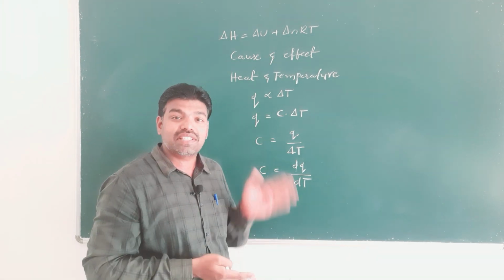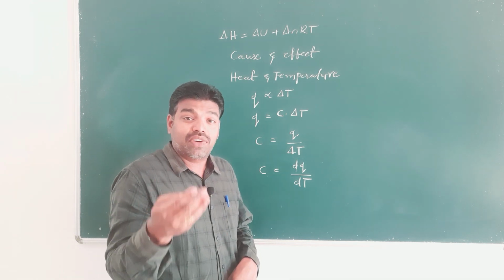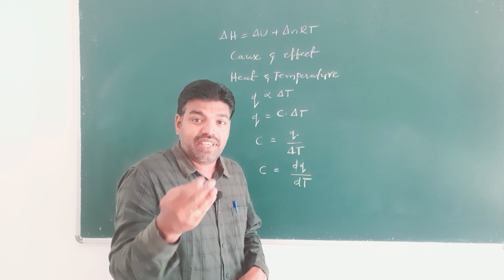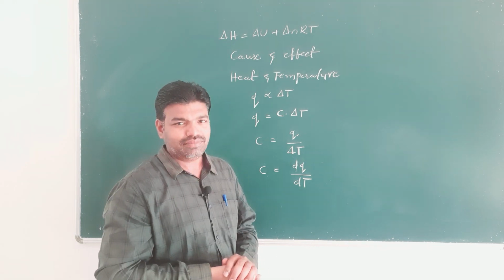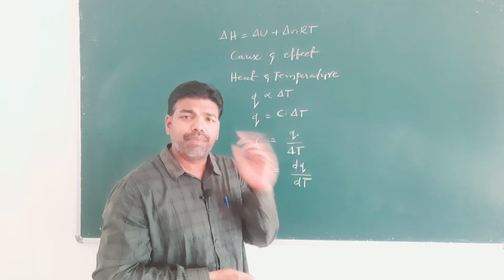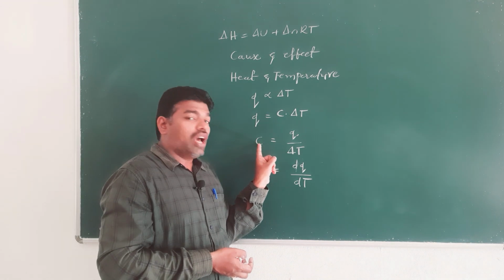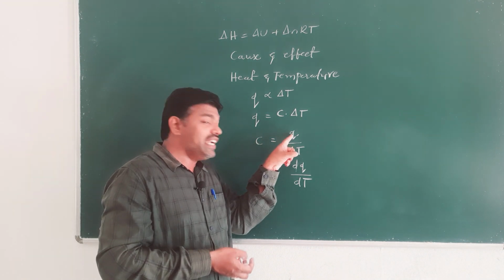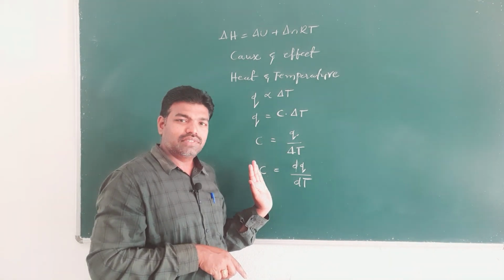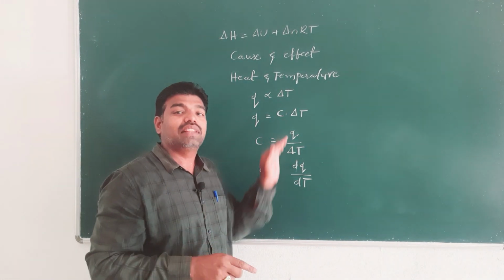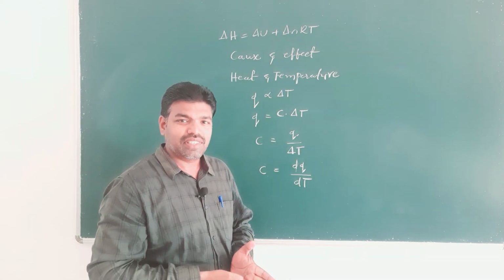If the heat capacity of the system is small, then the Q amount of heat that is supplied will not increase the temperature of the system. This is very important: if C is large, then Q amount of heat will raise the temperature of the system; if C is small, it will not.